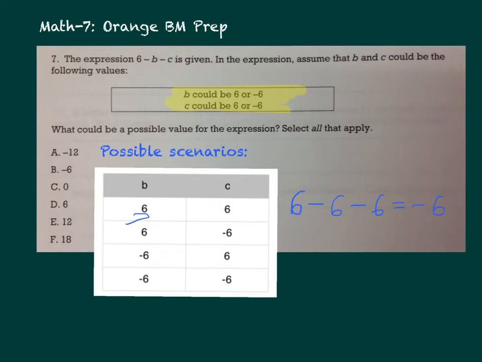And then the next one, this scenario here. Now if b is 6, then you have 6 minus 6, and then minus c. But c here in this case is negative 6, so be careful here. So now we have 6 minus 6 minus negative 6.